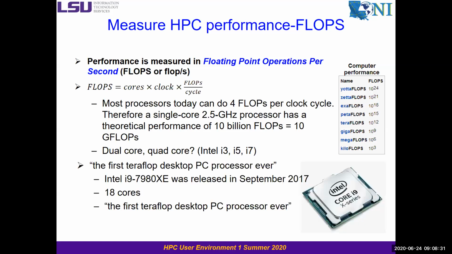The right figure shows the units of flops. The first teraflop PC processor was released by Intel about 3 years ago. It has 18 cores and can go up to 1.2 teraflops.